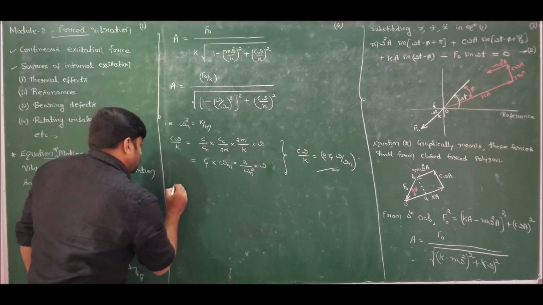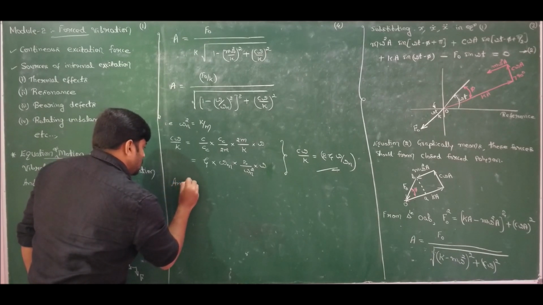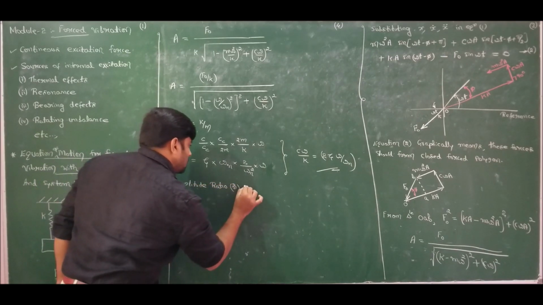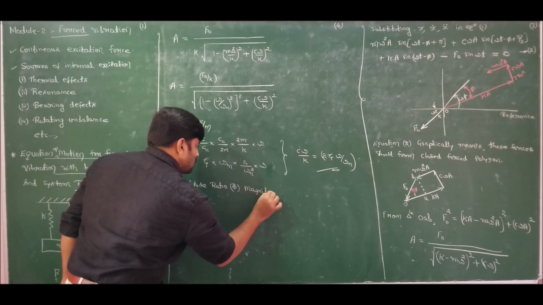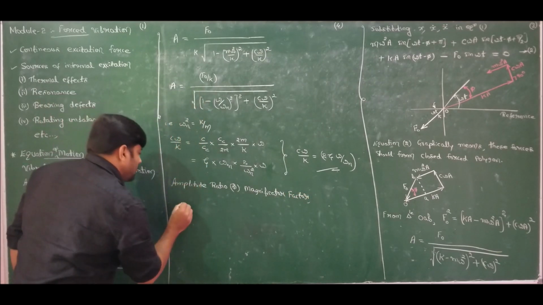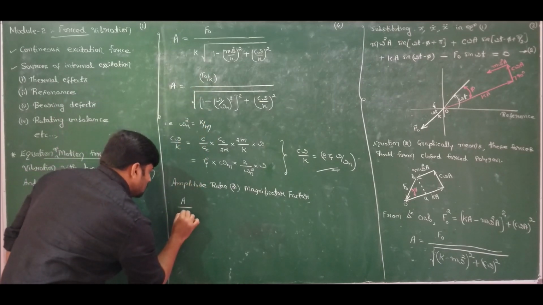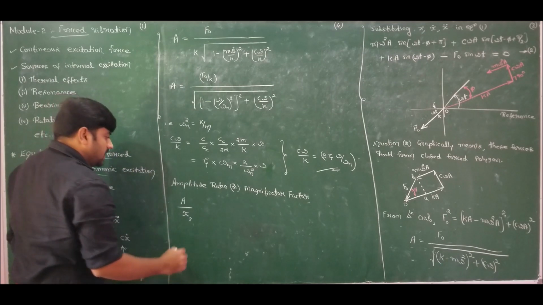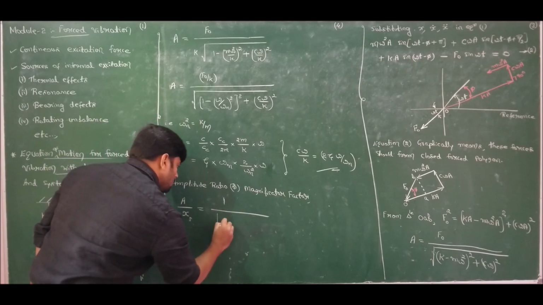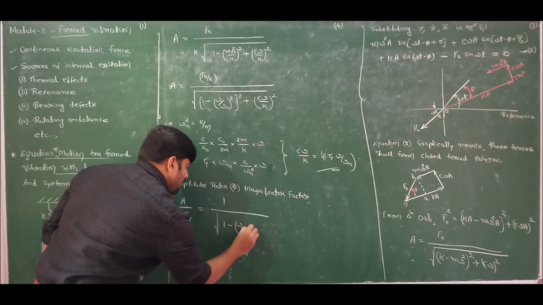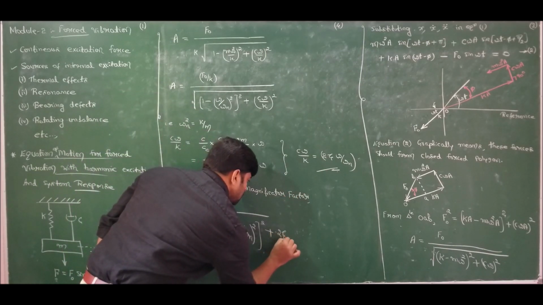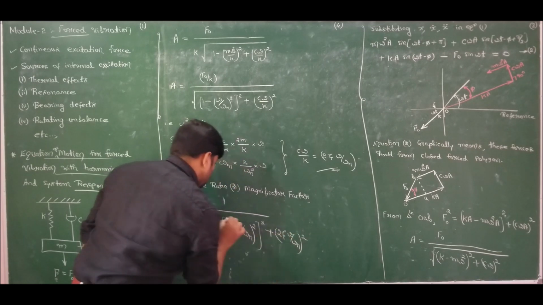Hence the amplitude ratio, or it is also called the magnification factor, A divided by F naught by K, which is written as XS, that is static deflection, is equal to 1 divided by square root of 1 minus omega by omega n whole square plus 2 zeta omega by omega n whole square.